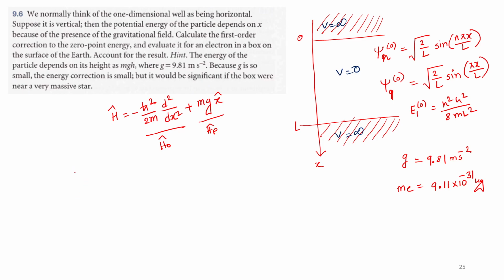Now we need to calculate the perturbation, that is firstly the E1 1, that is psi 1 0 mgx psi 1 0.